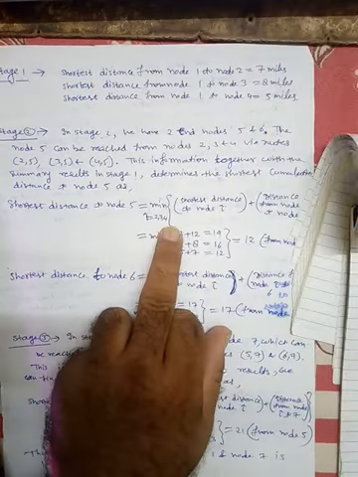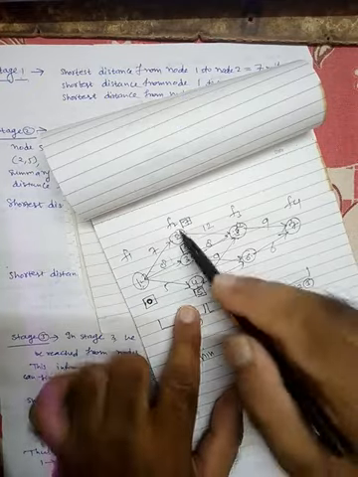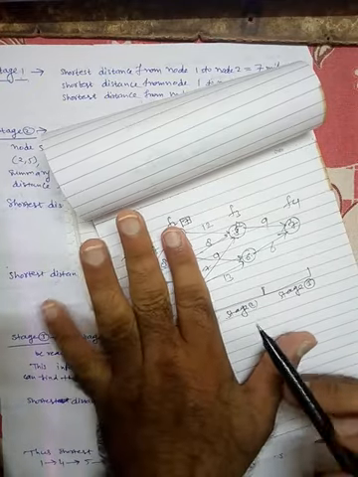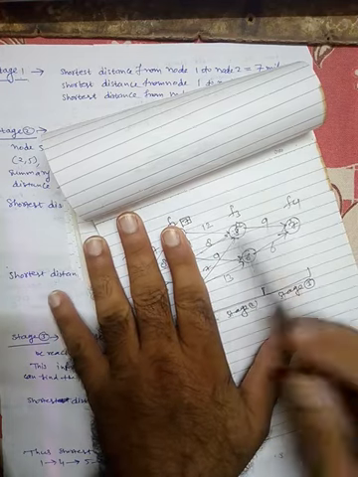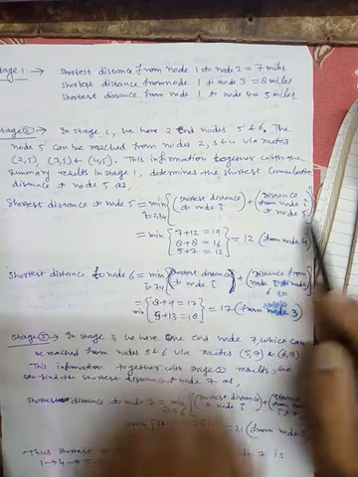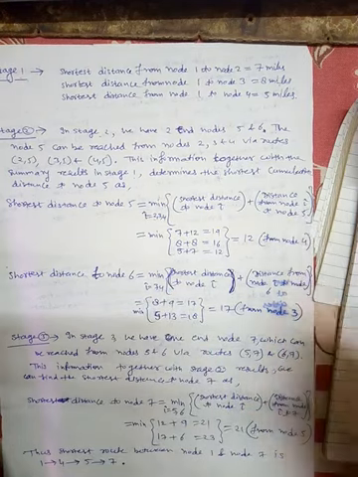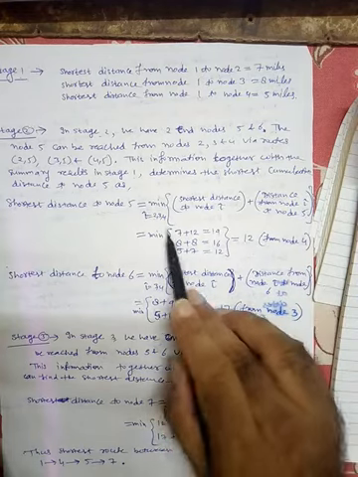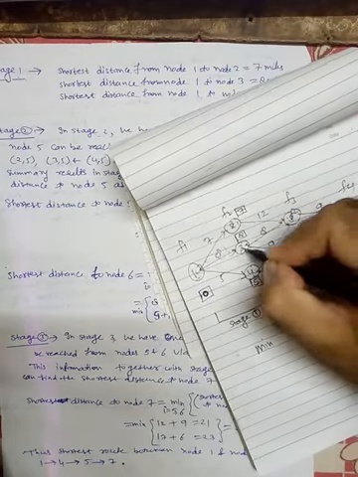Plus the distance, once you reach this point, the distance from here to here, the distance from node I to 5. Here I may be 2, 3 or 4.